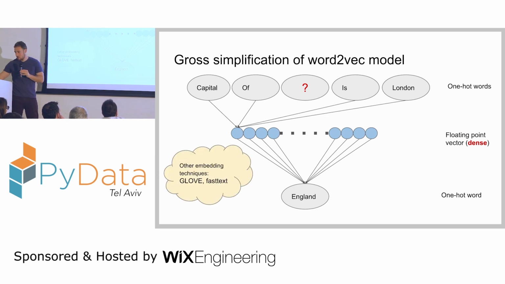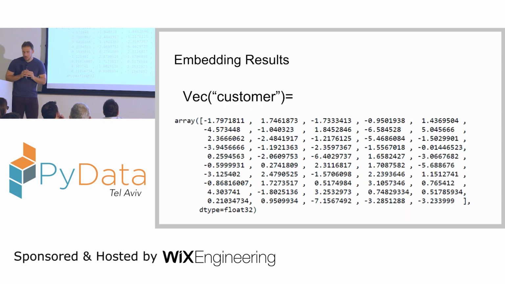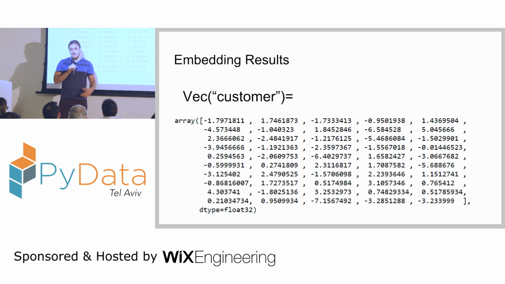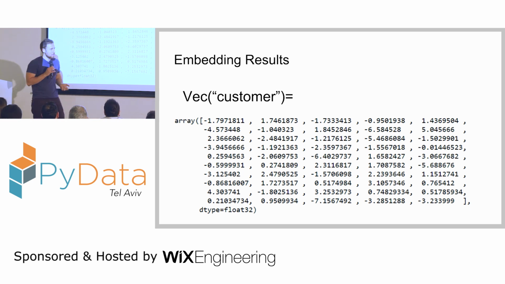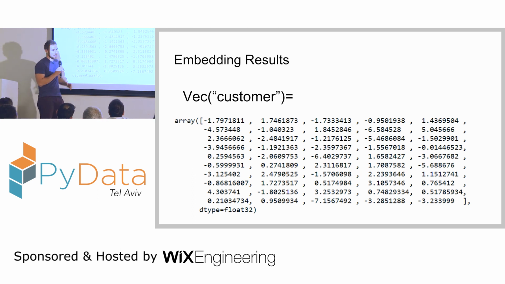This is actually more accurate. And this is the result. Wonderful, right? I got a lot of random numbers here. So unlike bag of words or one-hot encoding, the vector itself doesn't mean much. It's like 50 random numbers.